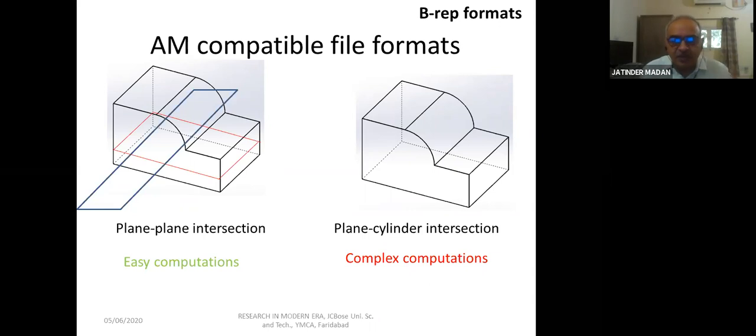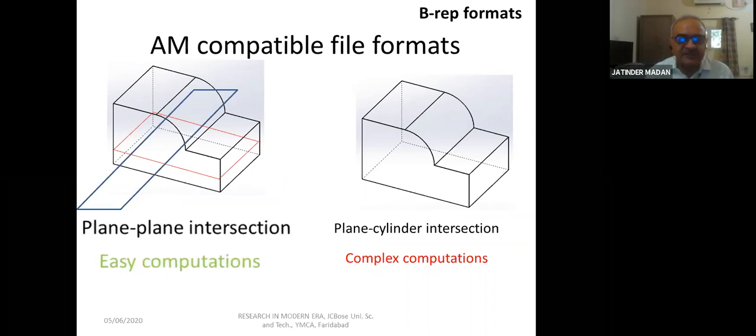You need the outside as well as the inside area so that the laser can scan that particular area. That means the outside boundary is fixed, and here you have only the outside. So the whole scanning will go throughout this rectangle so that the part can be built. So this plane intersection is easy.